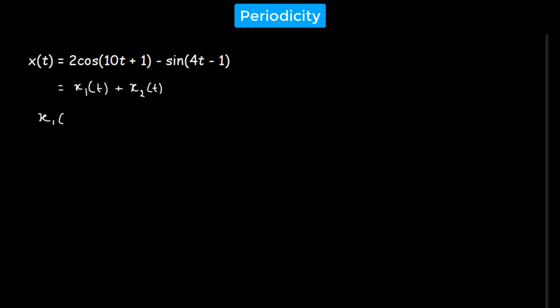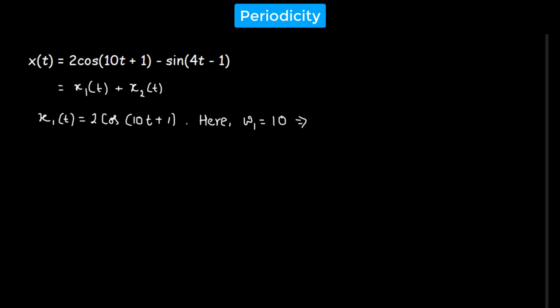So for x1 of t given by 2 cosine of 10t plus 1, comparing it with our standard form cosine of omega t plus phi, we have omega 1 equal to 10.